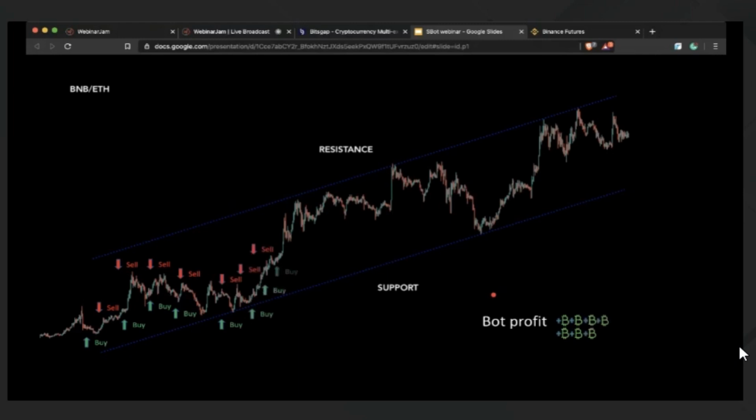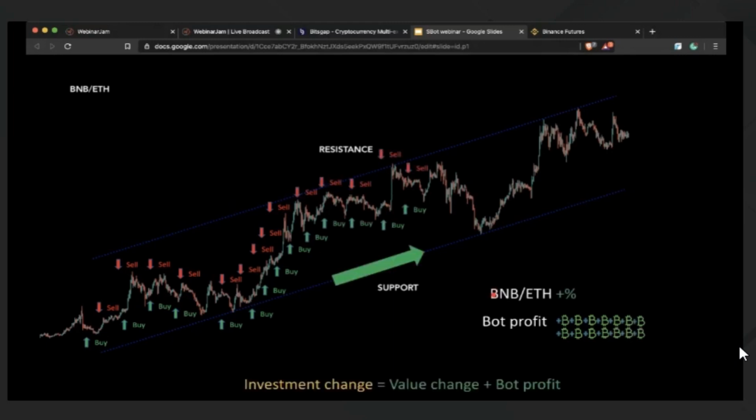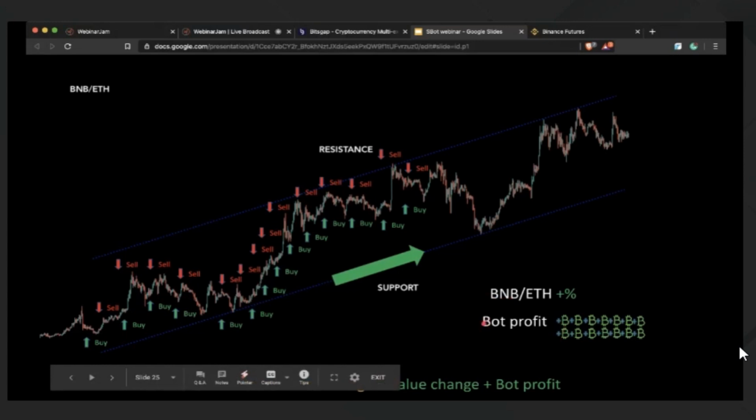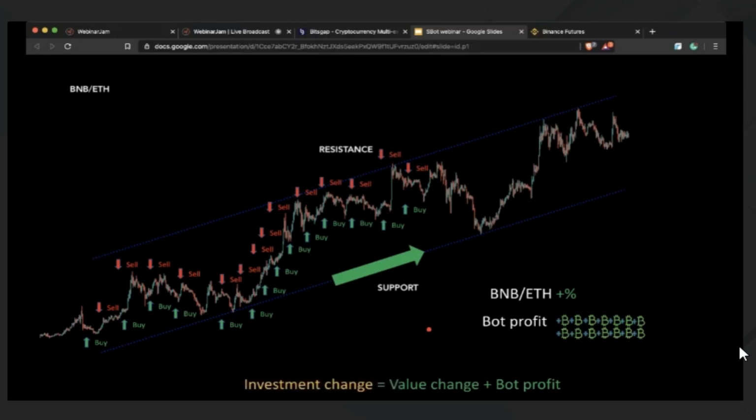And here is the visualization of the bot profit generation. So once again, that's the profit maximization. Not only are you affected by the value change of the BNB, but the bot itself makes you profits. And then in this case, your investment value change is nothing more than just the value change plus the bot profit. And that's the maximization effect.